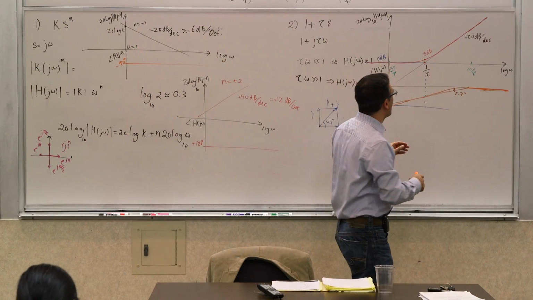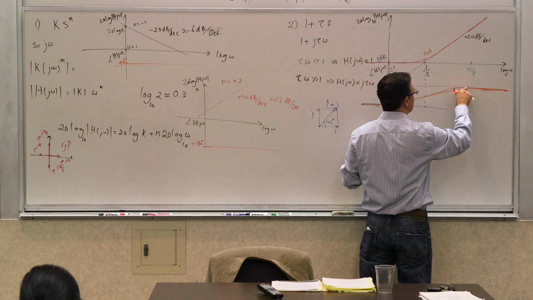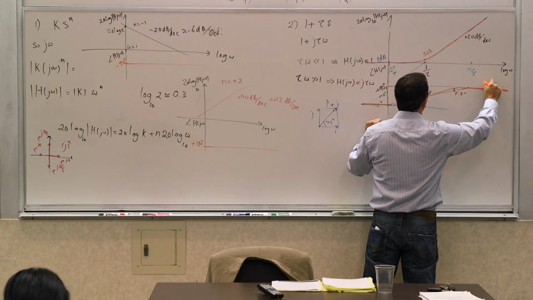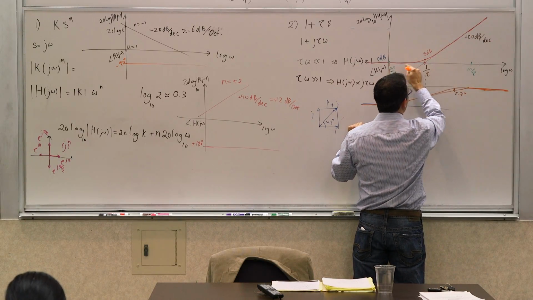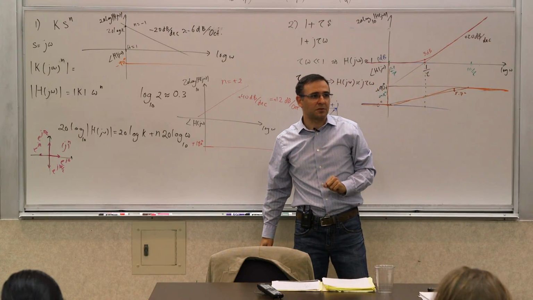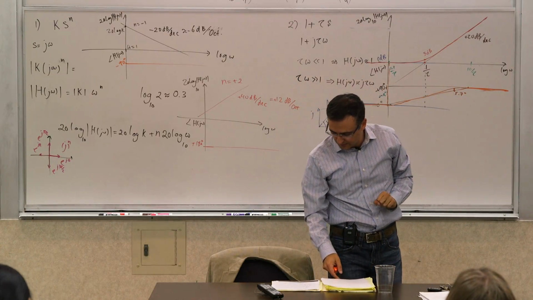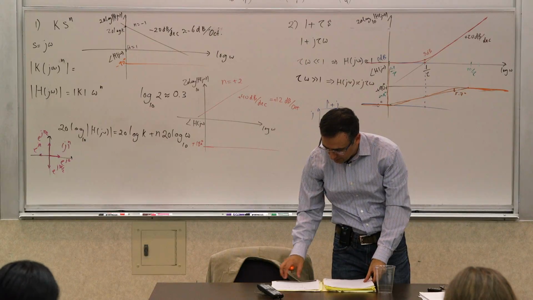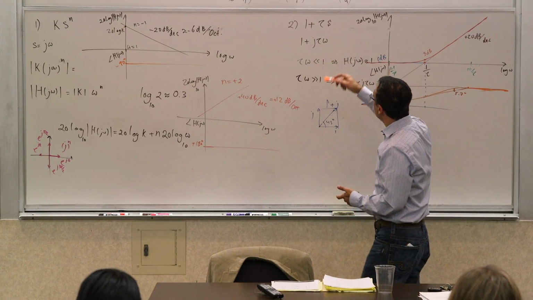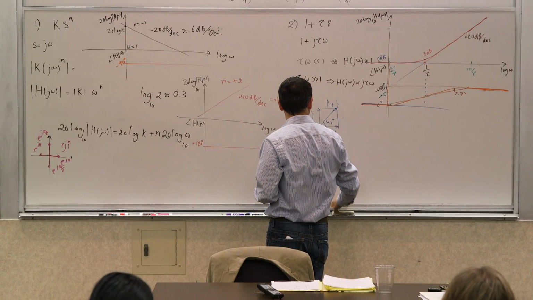But that's what it is. So what we want to see is really these asymptotes. We would like to see this straight line, this straight line, and that straight line, knowing that there's a 3 dB error here, and a 5.7 degrees error there. Okay? So that's basically 1 plus tau s.